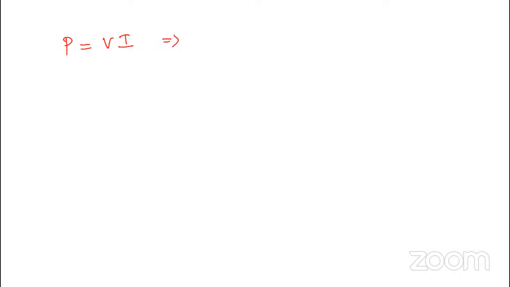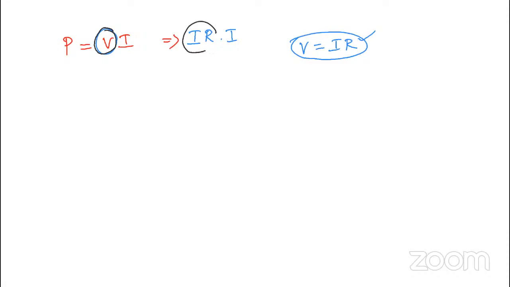In this format, for V we can write I into R, according to Ohm's law, V is equal to I into R. So we substitute for V; in place of V we write I into R. Then I into R into I is I square, so I square into R. So this is one formula for calculating power.